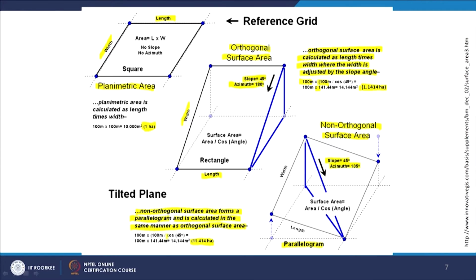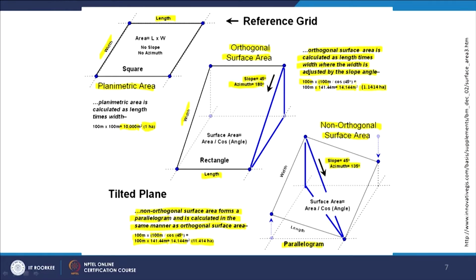Again here, 45 degrees, cos 45 degrees, 100, and then you end up with 11.414 hectare. So here this is 10,000 square meters, 14,144 square meters. So one has to take care about this.